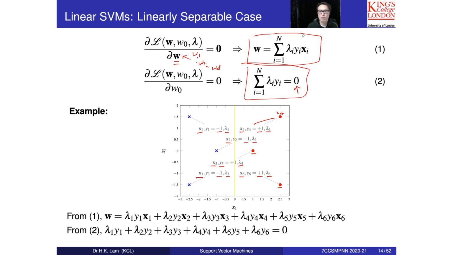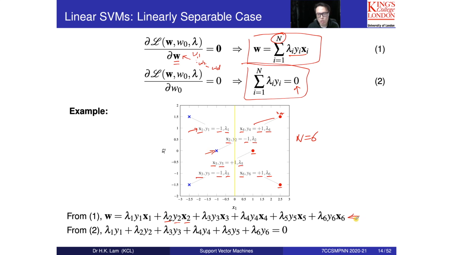According to 1, n now is 6, because we have 6 samples in this data set. Expanding this summation term, we have lambda 1, y1, x1 corresponding to the first sample, and then lambda 2, y2, x2 according to this equation for x2, and so on.